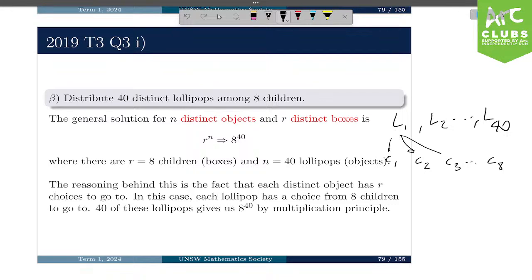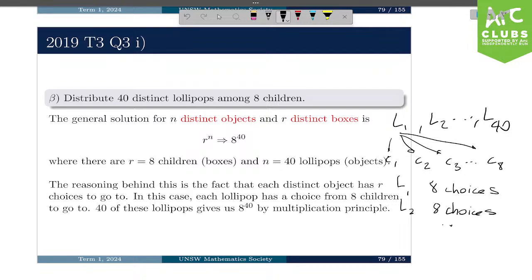So lollipop 1 has 8 children which it could be possessed by, and it has 8 choices. And similarly, lollipop 2 has 8 choices.